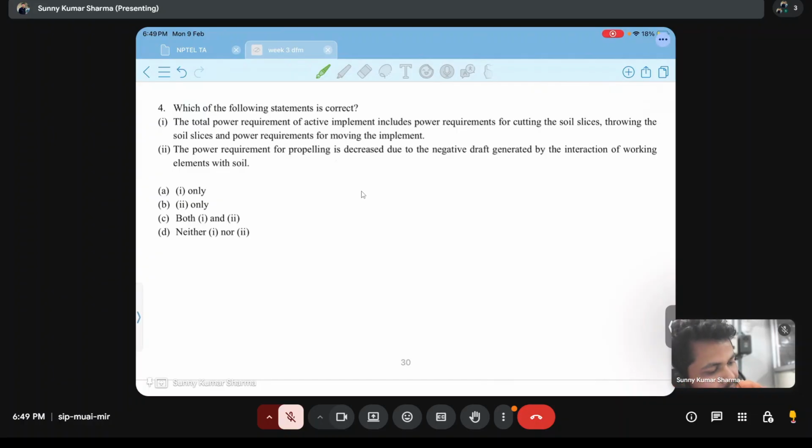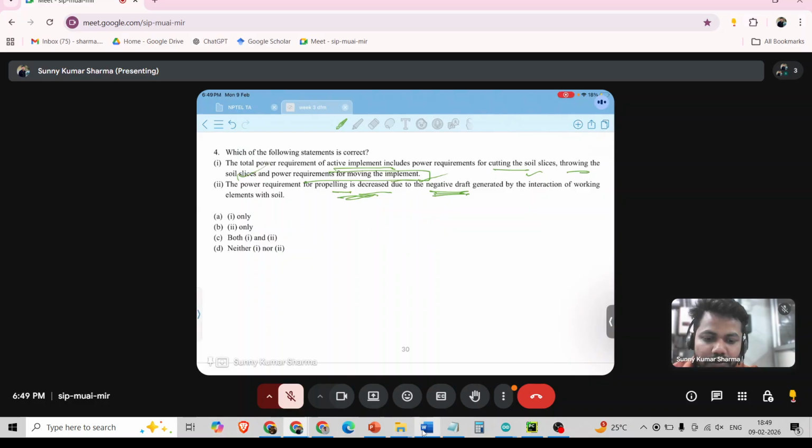So the total power requirement of an active tillage implement includes power for cutting the slice, that is true. Throwing the slice is also true. Power required for moving the implement will not be there. And the second statement, power requirement for propelling is decreased due to negative draft. So when draft is negative, our power requirement for propelling will decrease. So that statement is true.